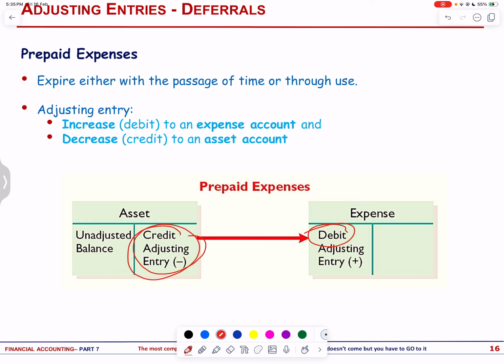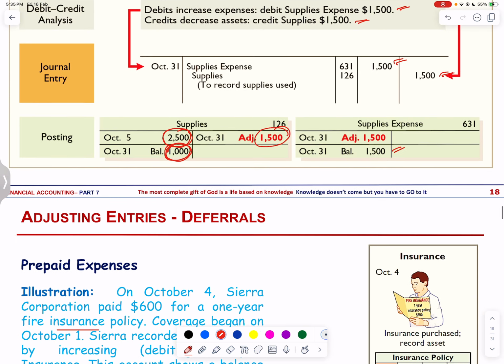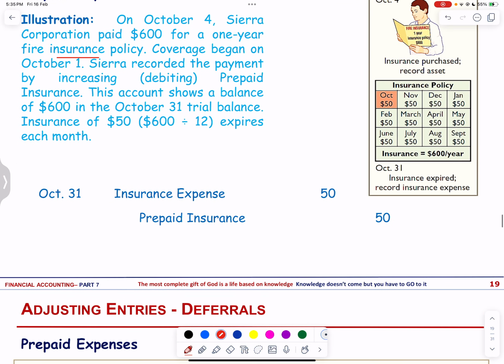The adjustment will reduce the prepaid insurance asset and accounts for the use of insurance cost as an expense in the financial year, and that is what we have done here. Insurance expense is debit and prepaid insurance is credit. Expense is increasing and asset is decreasing.